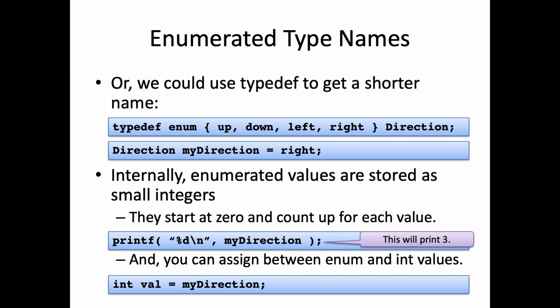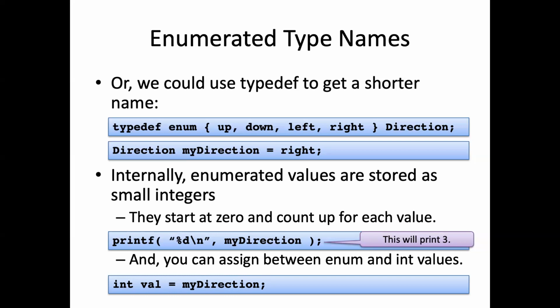And that's pretty much all that enumerations do in terms of syntax. They let you use those names up, down, left, right as values for the enumerated type. You can assign those, in this case, those four values to variables of that enumerated type, and you can compare them. I'm stalling because at the bottom, it kind of shows off what's going on internally.